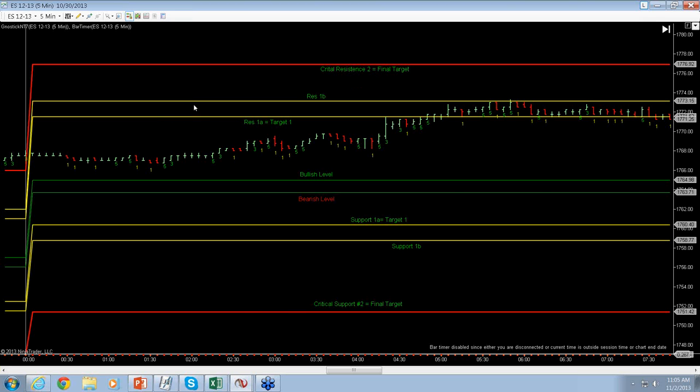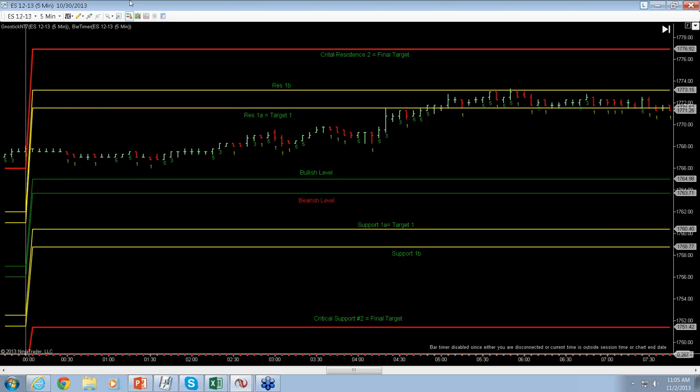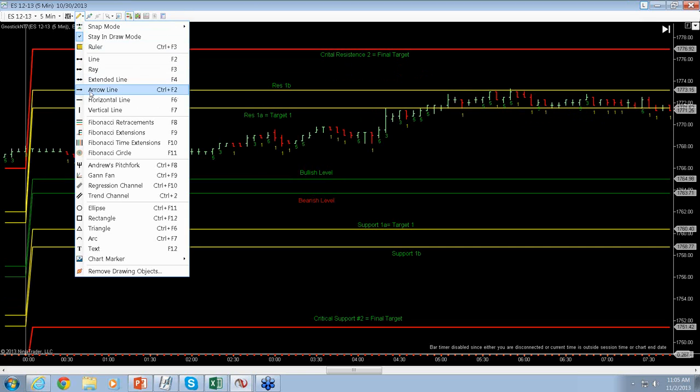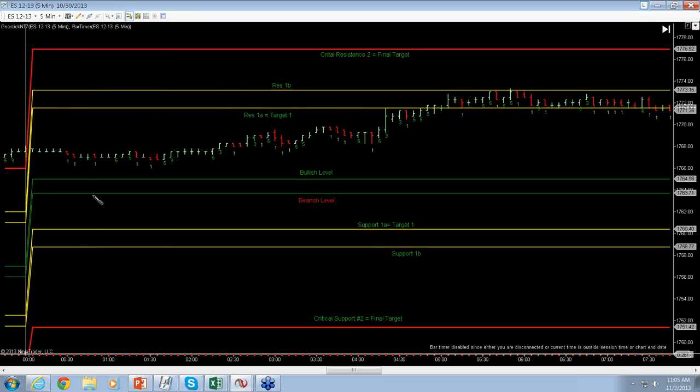But life isn't that easy. There are going to be intermittent resistances on this trading field: resistance 1A, resistance 1B, support 1A, support 1B. In order to understand our logic as momentum traders, if these are predictive, we want to be buyers only above the upper green line, looking to hit target 1 and hopefully target 2.